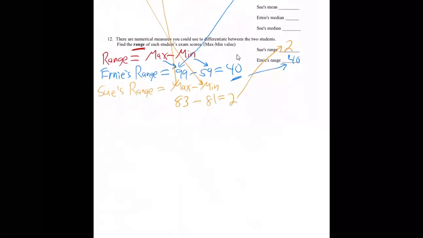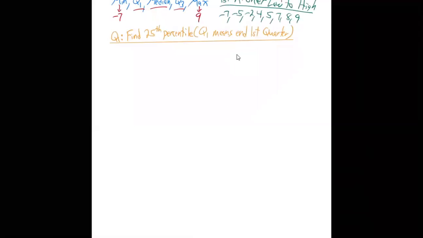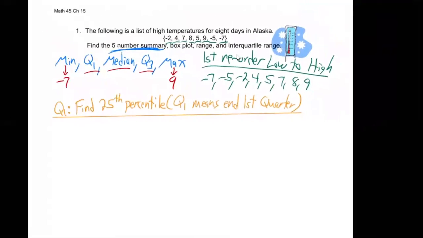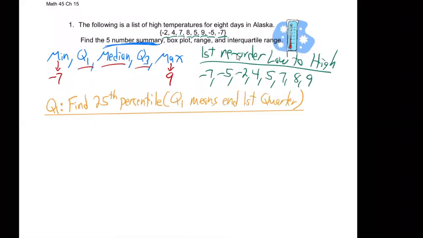Whoops, I'm on the wrong spot. Here we go. We're going to go L equals P over 100 times N. What's P? The 25. 25 over 100 times N. And what's N here?